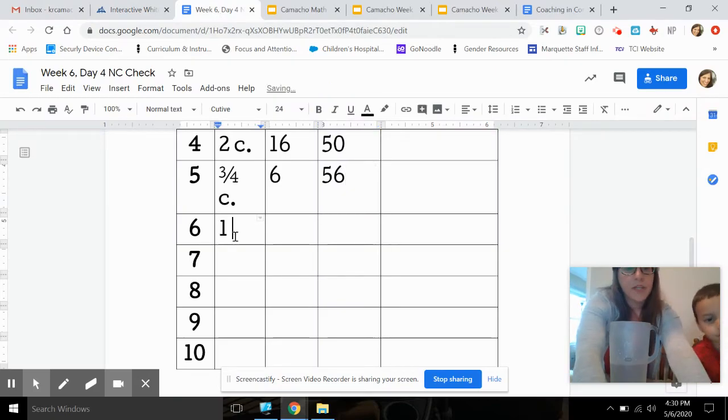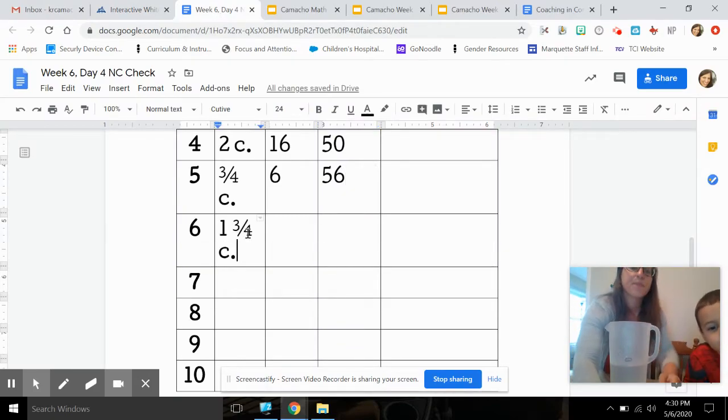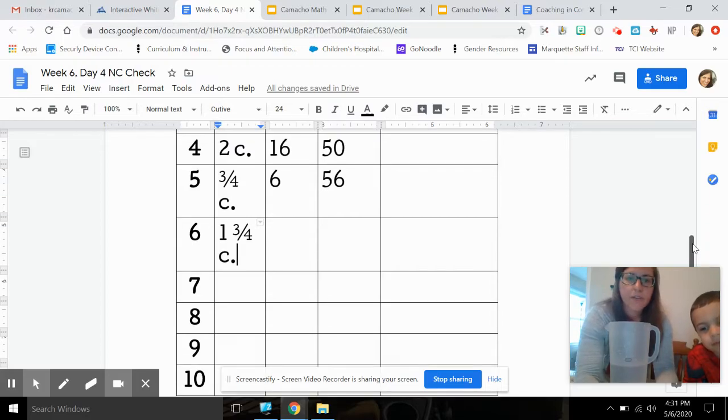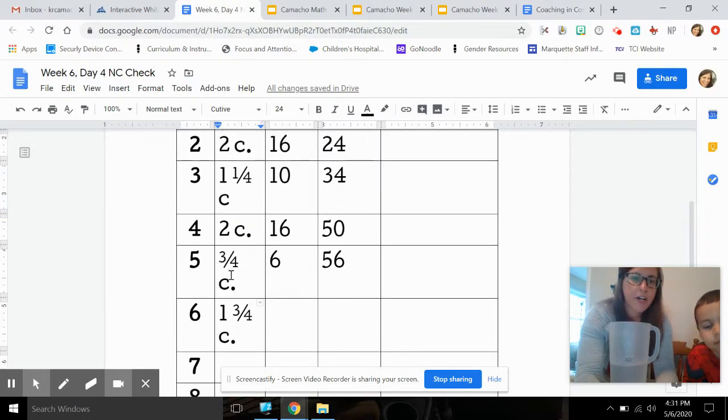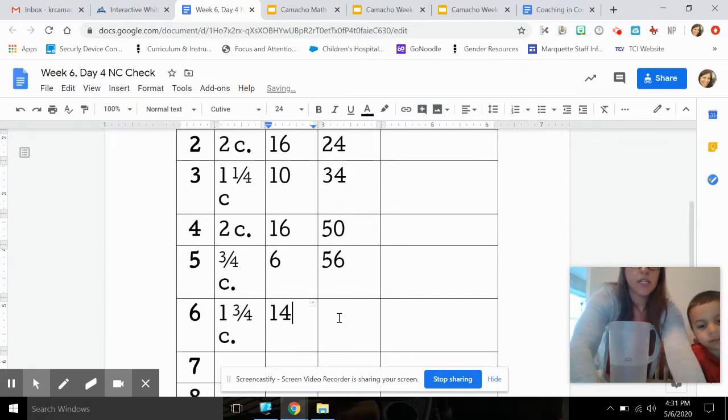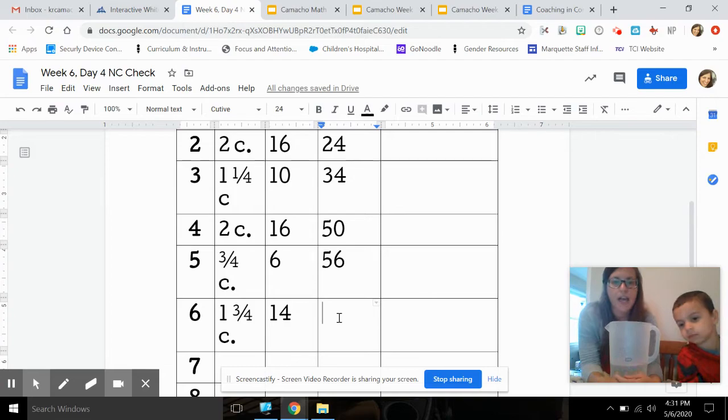So 1 3/4 cup. So again, we've already had a previous answer. We figured out 3/4 is 6, and we know 1 cup is 8. So 8 plus 6 is 14. And then I will need to add that to my 56. So 56 plus 4 is 60, plus 10 is 70.